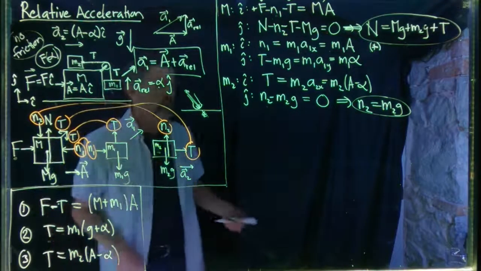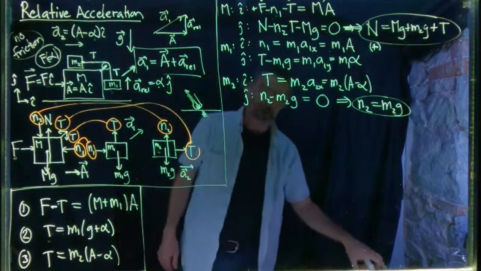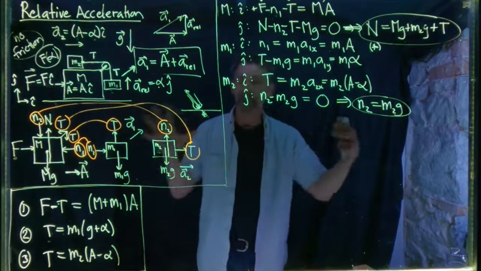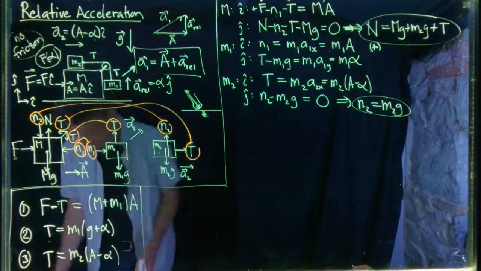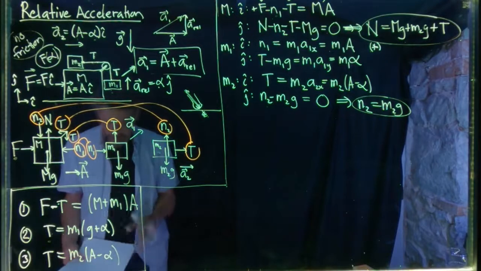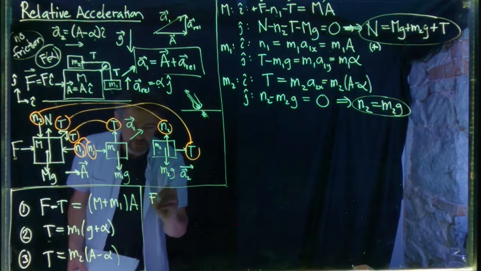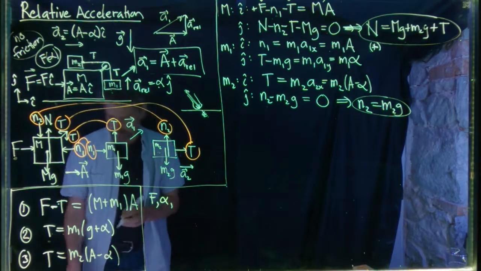So you could have guessed these three equations and written them down without any work. Or alternatively, you should do the work and then double check. Okay, that all makes sense. So basically this is three equations in four variables. There's the force, there's alpha, what else is unknown here?